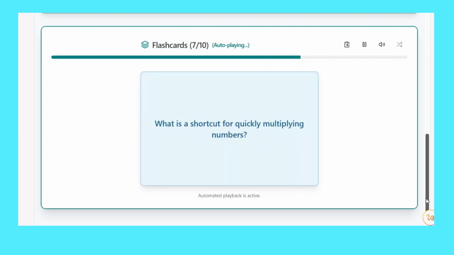What is a shortcut for quickly multiplying numbers? By multiplying by 10, 100, or 1000. What are nearest neighbors in the context of large numbers? Numbers that are very close in value to a given number.